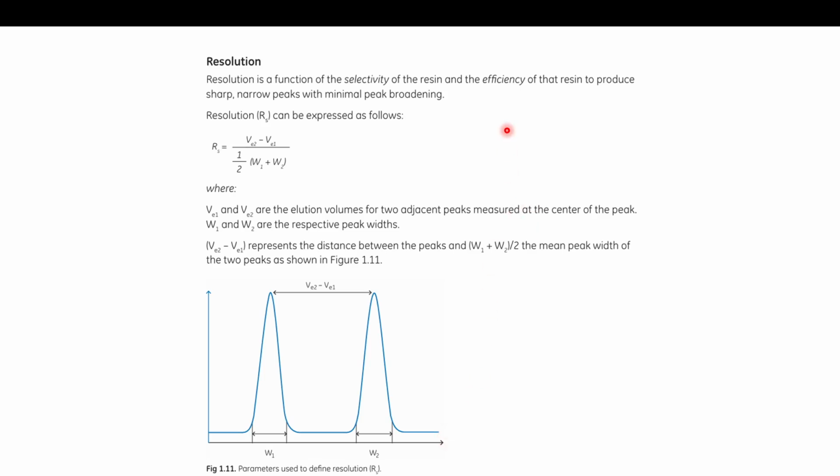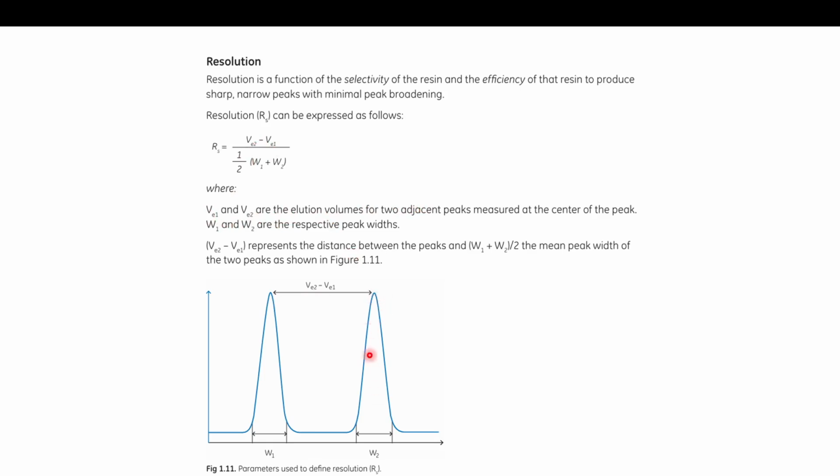Now, this was there in the previous class also. Resolution is a function of the selectivity of the resin and the efficiency of that resin to produce sharp, narrow peaks with minimal peak broadening. Basically, resolution is given by the elution volumes of the two adjacent peaks.